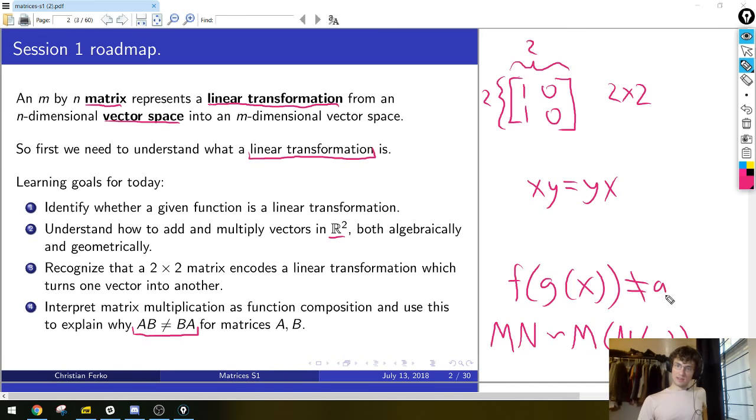And as you know, if you take 2 functions and compose them, the order matters. If you take the output of g and plug it into f, that's almost never the same as taking the output of f and plugging it into g. So multiplying matrices in different orders will give you a different answer, as we'll see explicitly. And that's really the key. That's very important. And this is really what's going to bring us into quantum mechanics.